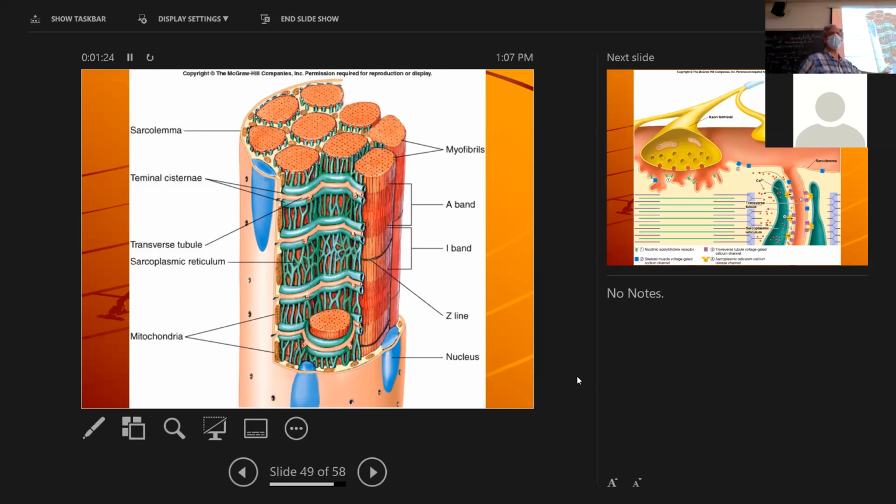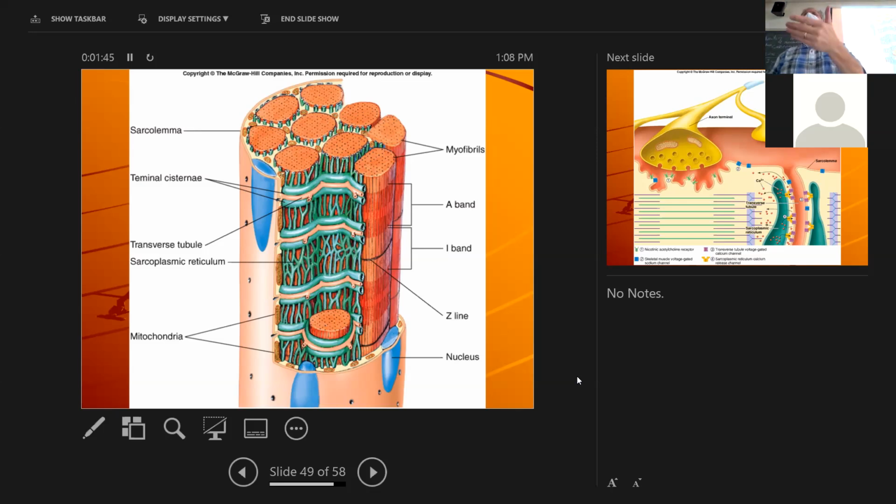When you get an action potential, when you depolarize this membrane, that depolarization will spread to the T-tubule. Because remember, the T-tubule is part of the membrane.